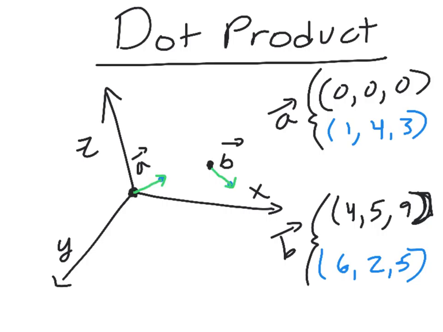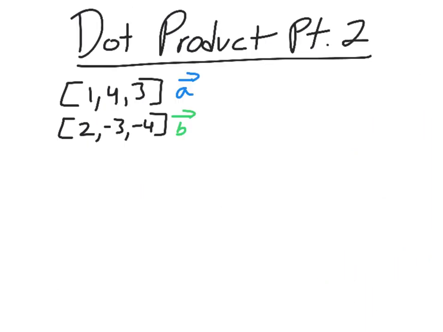So now that we have all that graphed out, let's find the equation of these vectors. So vector A will be 1, 4, 3, because it's going from the origin to that coordinate. And then vector B will be 2, -3, -4. Okay, so for the equation of dot product, we multiply two vectors against each other. So we have vector A times vector B, which, when expanded, is A1B1 plus A2B2 plus A3B3.